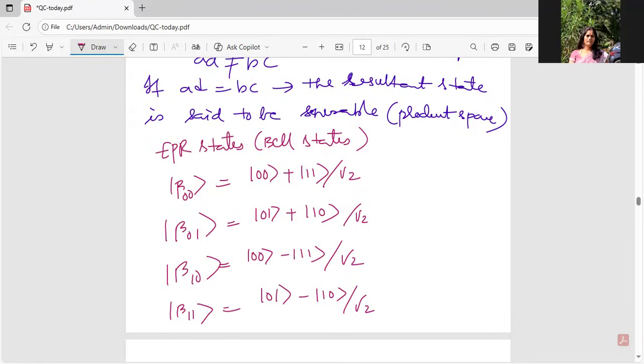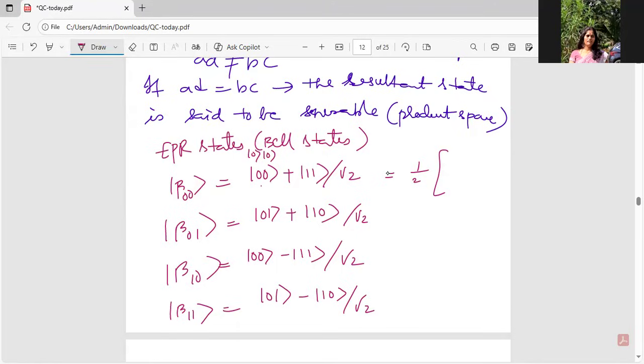I'll write the matrix version. Just see here, guys. Of course, this is a tensor product, this is a tensor product. You should be able to guess. In case you have a doubt, I will write here. Just see ket 0, ket 0. Again, this is a tensor product shorthand notation.